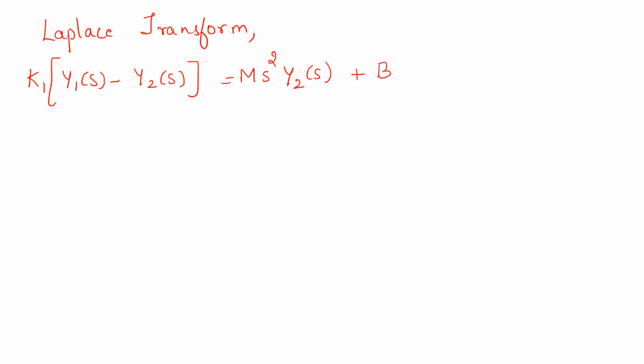So d by dt is nothing but s, so it is s into y2 of s plus k2 into y2 of s.